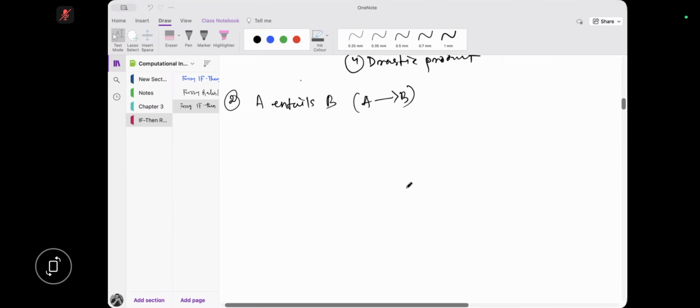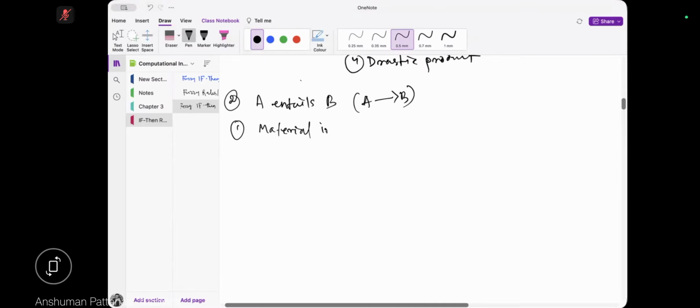I'll write down the formulas for this. There are four formulas here as well. Number one is material implication. Number two, propositional calculus.